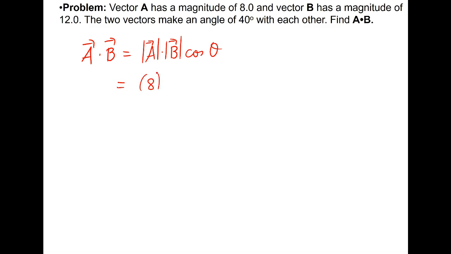Okay, so 8 and 12 and the cosine of 40. Work that all out and you get 73.5. So that is A dot B. It turns two vectors somehow into a scalar, and that will have some sort of unit attached to it.